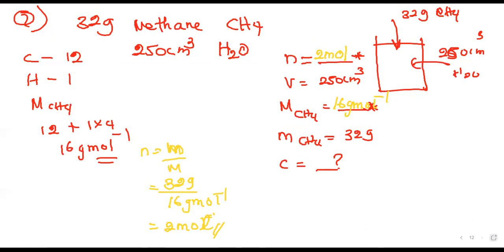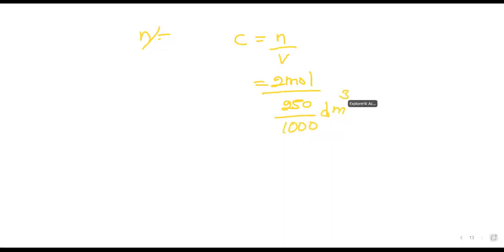Right. Okay, so concentration equals number of moles over volume. Number of moles, 2 moles was found, and volume was 250, then divided by 1000 to express it in decimeter cubes.